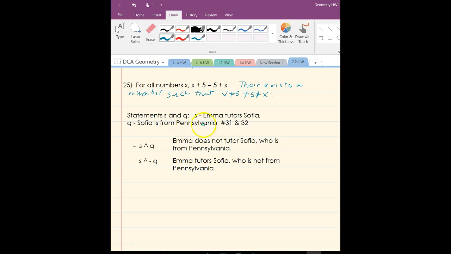We just write our second statement with a word that links it together properly. The second statement, S and not Q, we now take Emma tutors Sophia, who is not from Pennsylvania. So we've negated the second statement. In this one, we negated the first statement. With both of them, we drew them together with a word that would make the sentence fit.